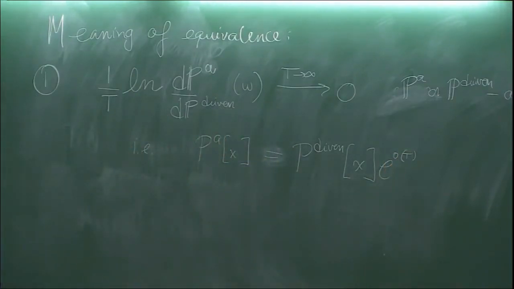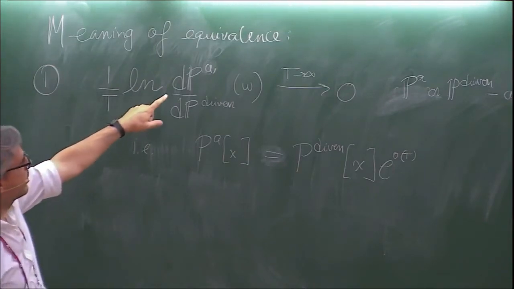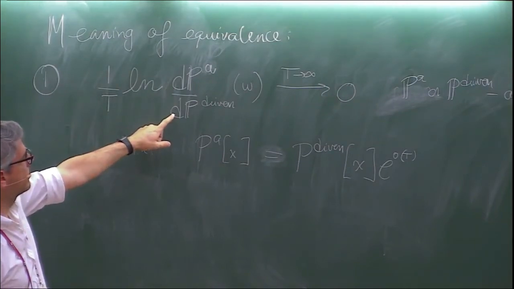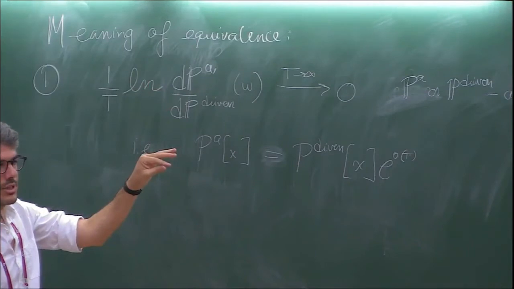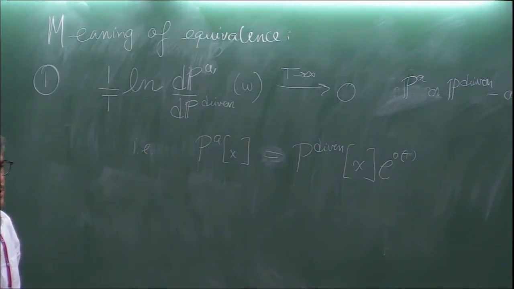So the two path measures are different, but the differences are sub-exponential in time. There's a problem with, so the support of P_A is smaller than the support of the driven one, but where this diverges actually has measure 0 in the long time limit. Okay, so you have the same concentration properties, and then you can show this.